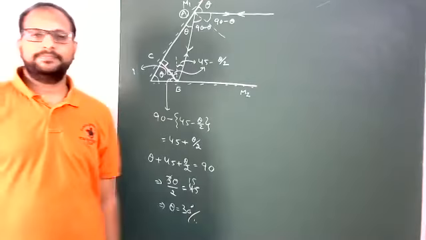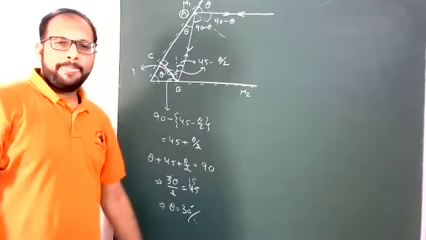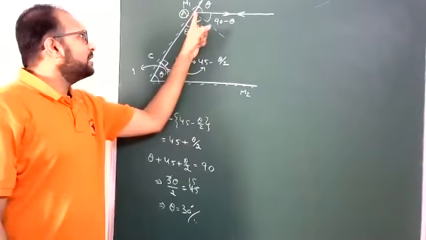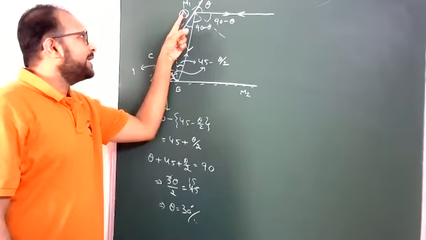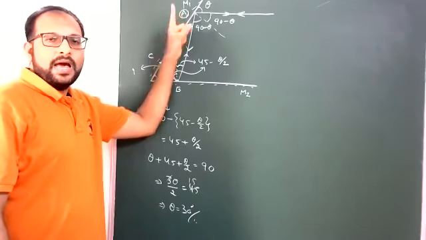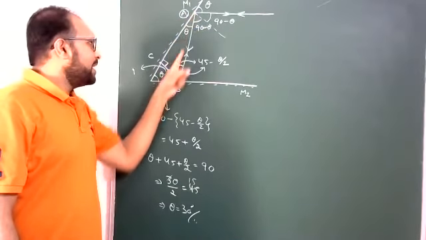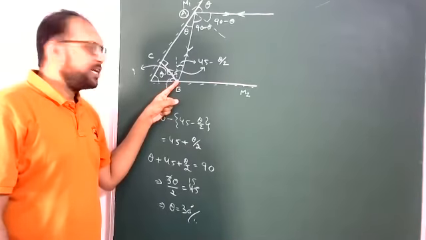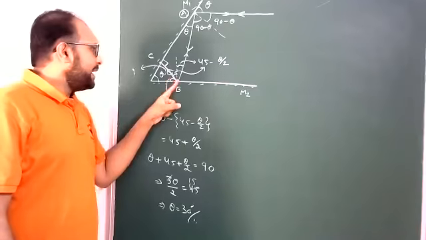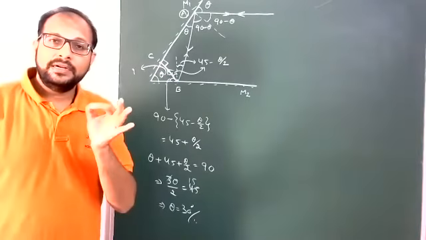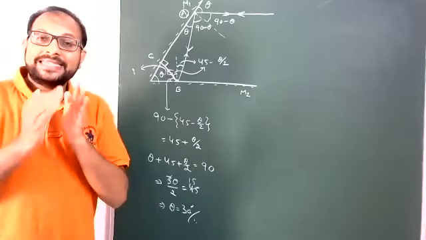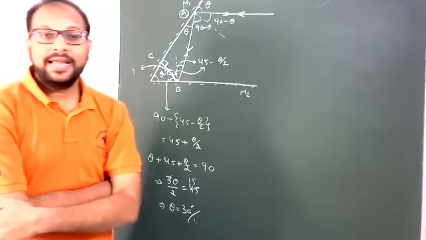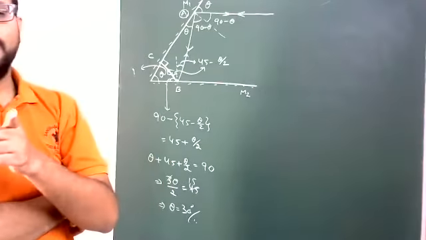Now in this case, the light ray that is parallel to M2 is incident on M1 at point A. After getting reflected, it is incident on M2 at point B. After reflection from M2, it is incident on M1 at point C, exactly normal to M1. Students, now be careful.